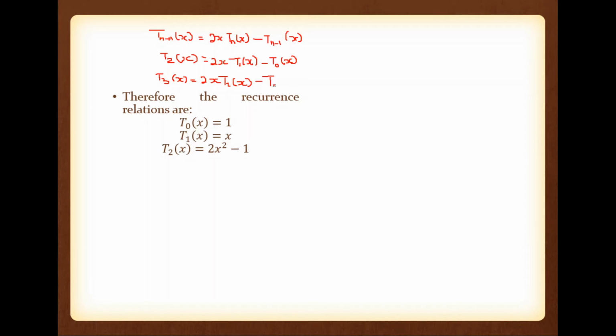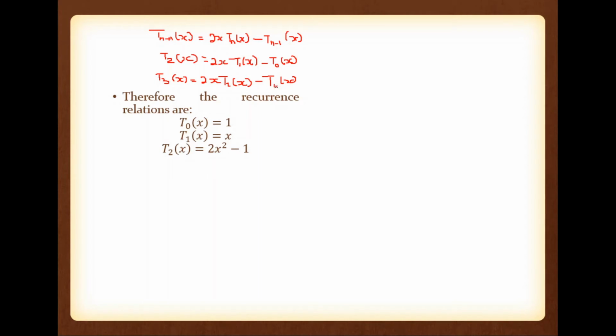N minus 1, 2 minus 1, so that is T1 of x. So 2x into, now what about T2 of x? 2x square minus 1. So this term will become 4x cube minus 2x. Am I correct?